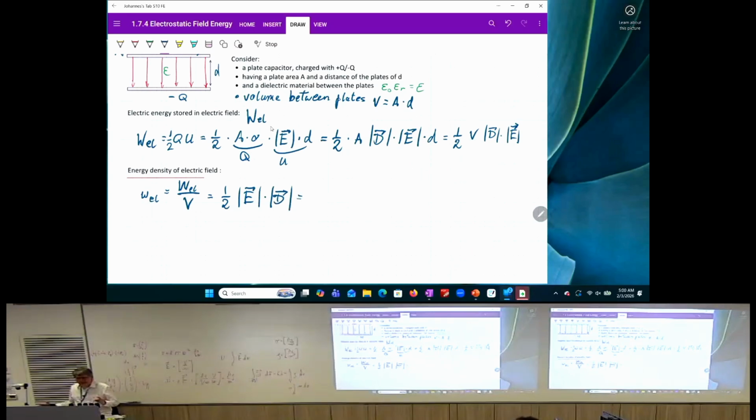So always keep in mind, flux density, you can say D field, you can say electric flux density, or the electric displacement field. That is all the same. That's different wording for the same thing: flux density, electric displacement field, or just short D field.